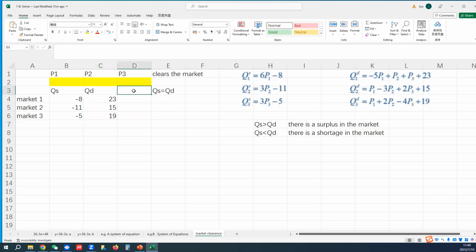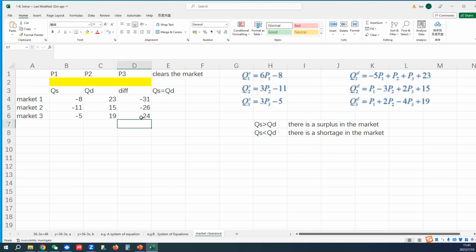So now what we need to do is to make sure that QS equals to QD. So that is actually our first method, the difference method, right? So what we do is to calculate the difference between QS and QD for each market. And our goal is to set them equal to 0.